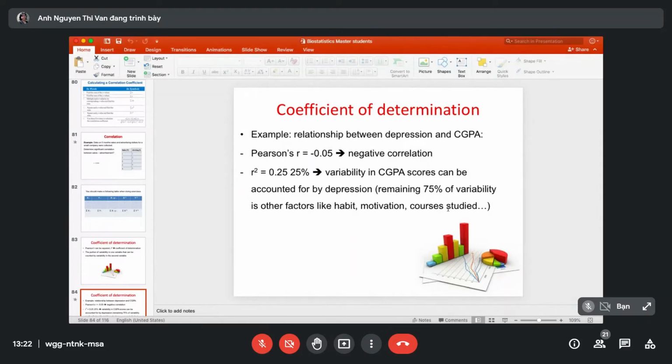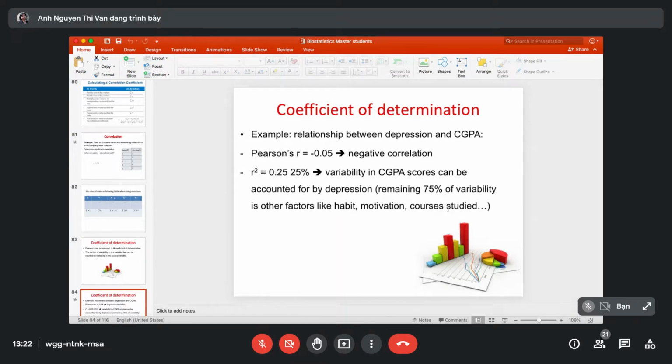Okay, so if you look at this value of R, what can you conclude about the correlation between depression and CGPA? So here is a negative correlation. It means that the relationship between depression and the CGPA is a negative linear relationship.